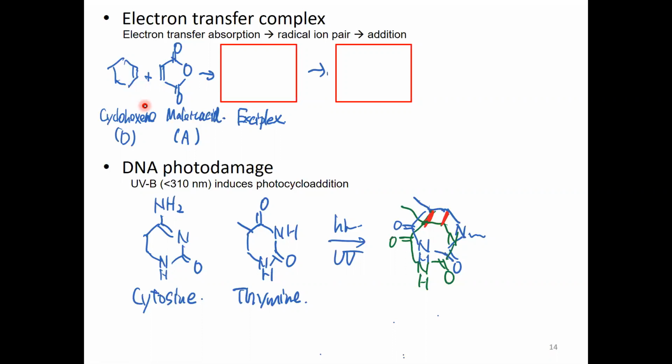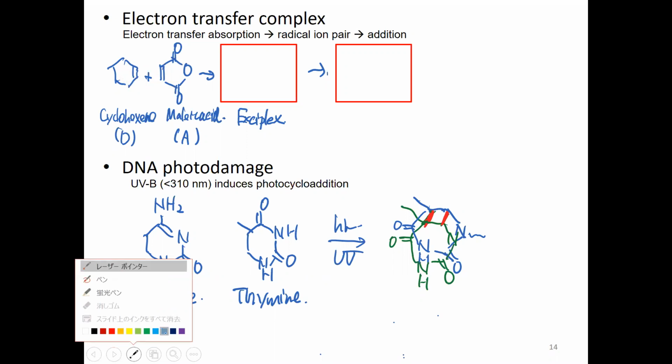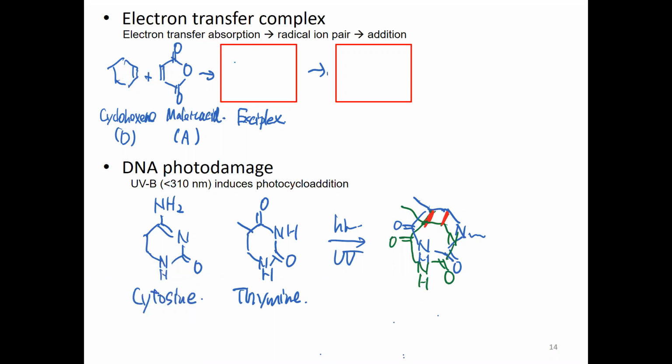In this case, the donor is like cyclohexane, and the acceptor is like maleic acid. These oxygens draw the electrons in the double bond. So electron-less and electron-rich. That makes a donor-acceptor complex like this.